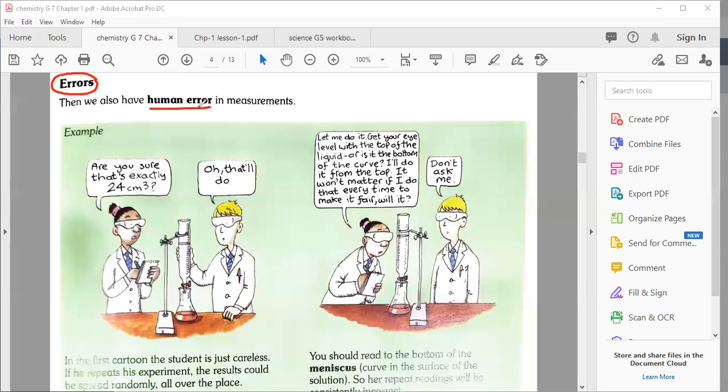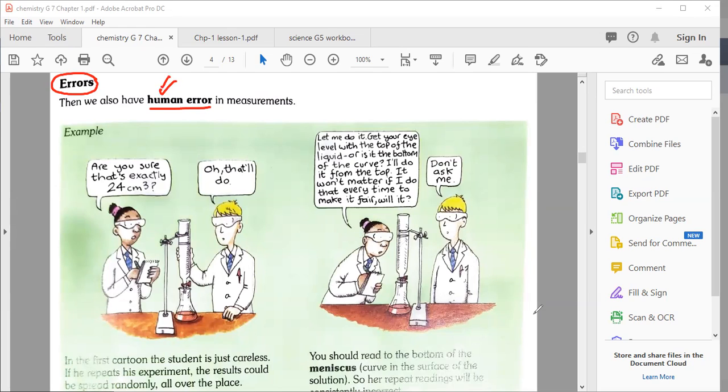Sometimes the instrument is accurate, it works properly, it's expensive, but the person who is going to perform, or a scientist who is going to perform a practical or any experiment, doesn't know how to properly use the instrument, and maybe sometimes he is not carefully performing his experiment, then the error is due to that scientist or that person. So we call it human error.